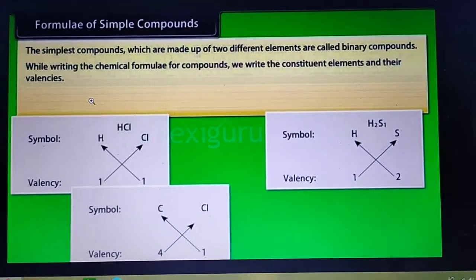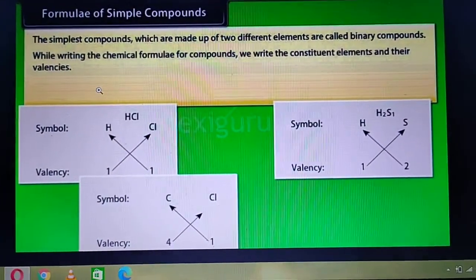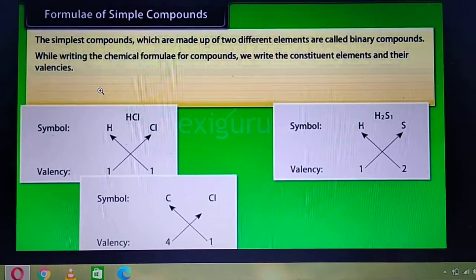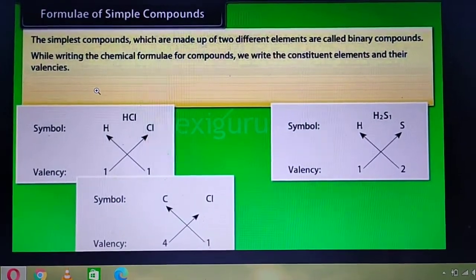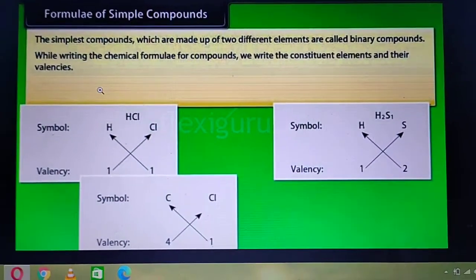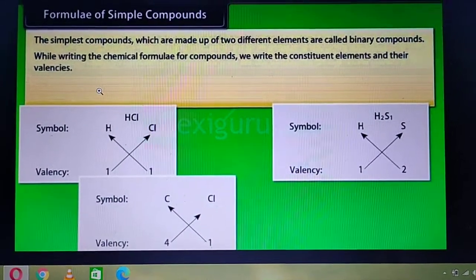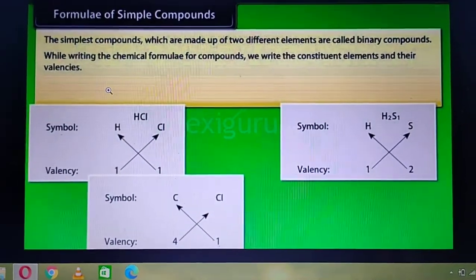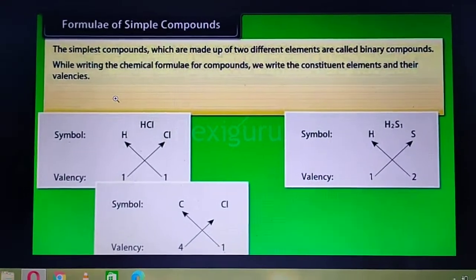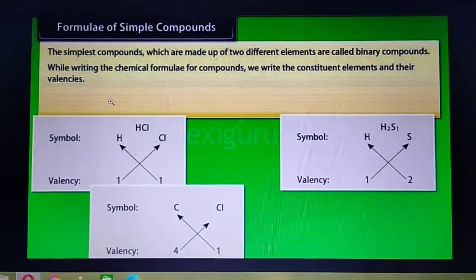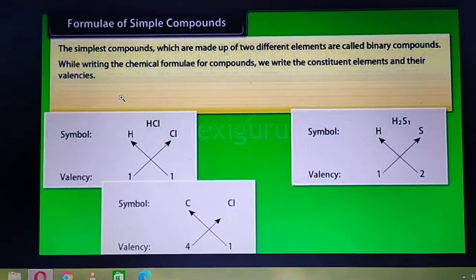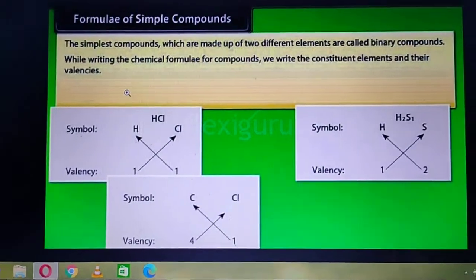Like you can see here, if I write H2S, it is more convenient, as by writing H2S we know the valency of sulfur and hydrogen. But if you write hydrogen sulfide, you cannot identify its composition. So to meet these requirements, each substance is denoted by its chemical formula.